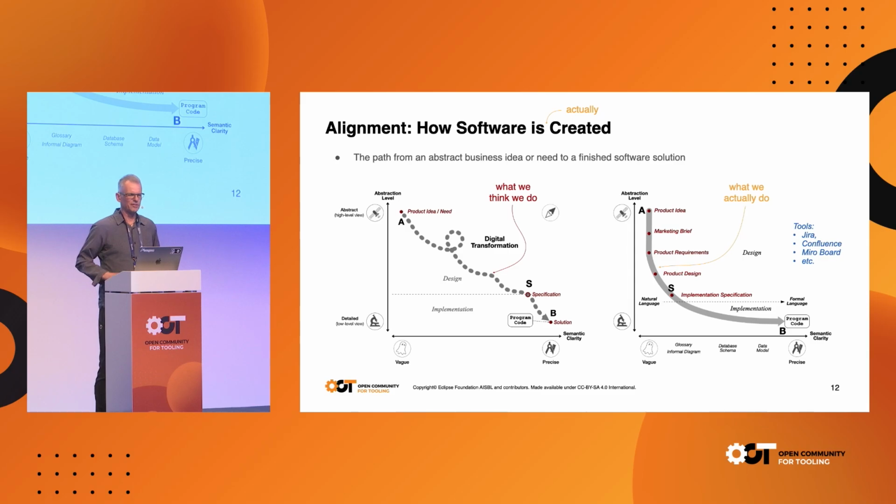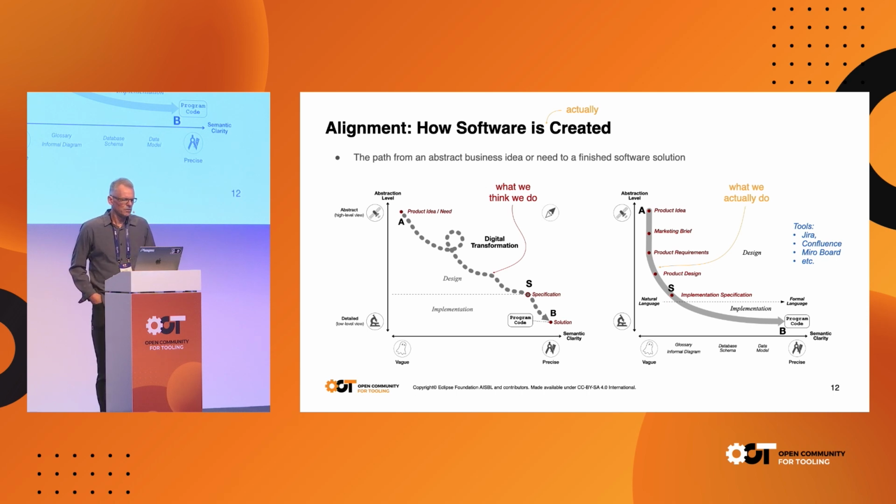The reality is that's not how we actually do it. The reality is that for the longest time, we do natural language and text, and we go down this left axis where we have natural language, and formal languages are on the right.